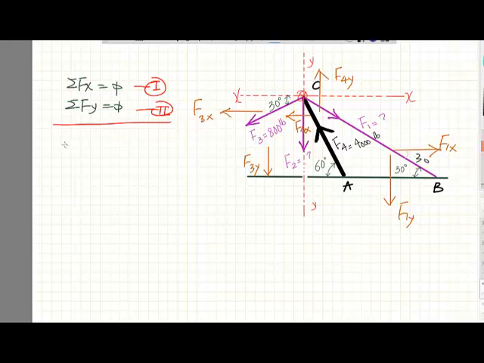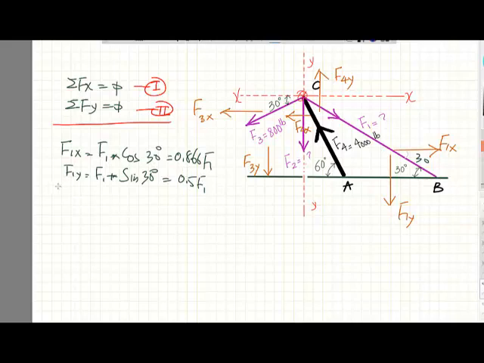So F1x will be F1, we don't know the value of F1, multiplied by cosine 30 degrees, and this is equal to 0.866 F1. F1y is equal to, again, F1 multiplied by sine 30 degrees, and that is equal to 0.5 F1. That is for the F1 force.